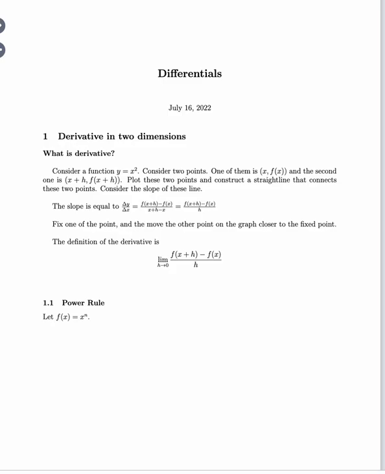Then we have the limit as h approaches 0 of x plus h to the nth power minus x to the nth power, the entire thing divided by h.